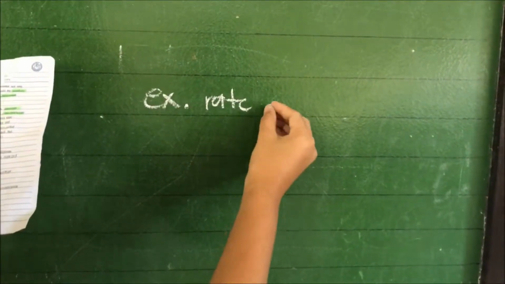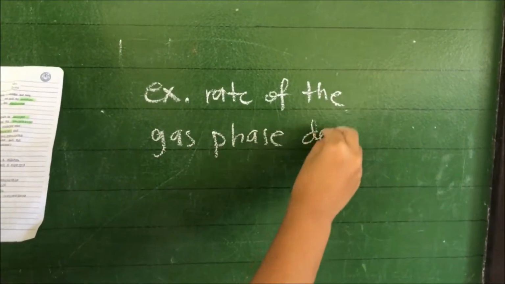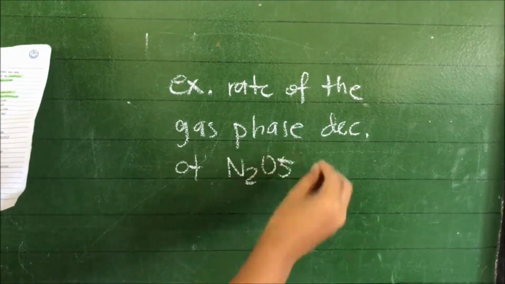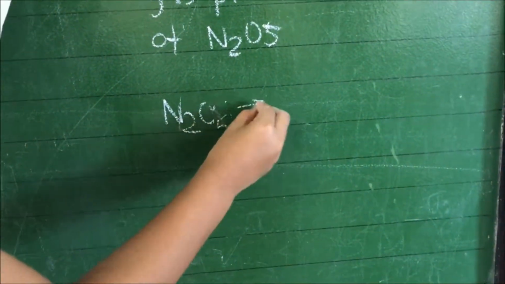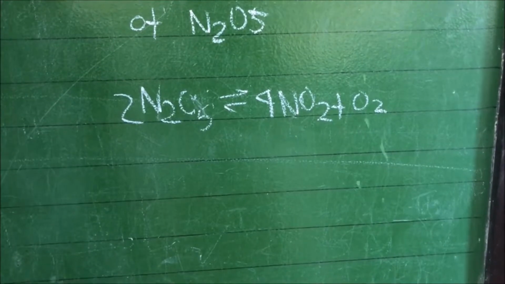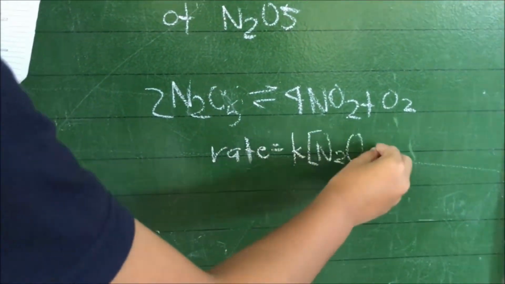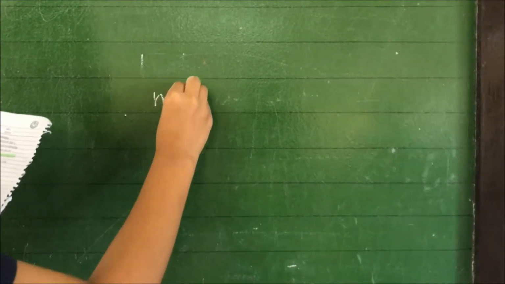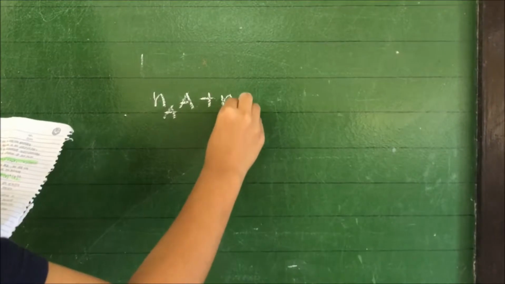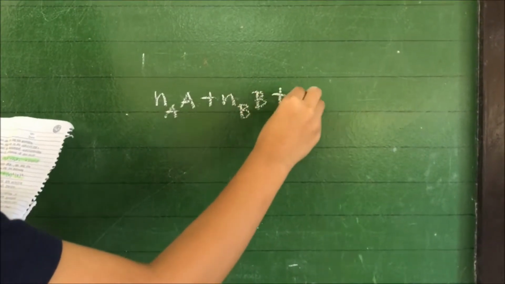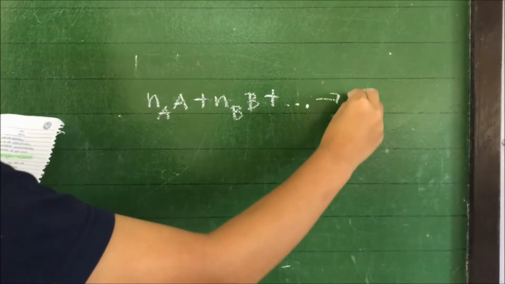For example, the rate of the gas phase decomposition of dinitrogen pentoxide is directly proportional to the concentration of N2O5. The expression for the rate law generally bears no relation to the reaction equation and must be determined experimentally.